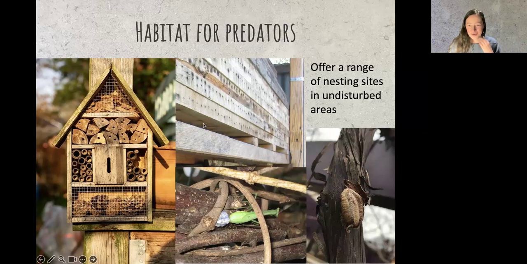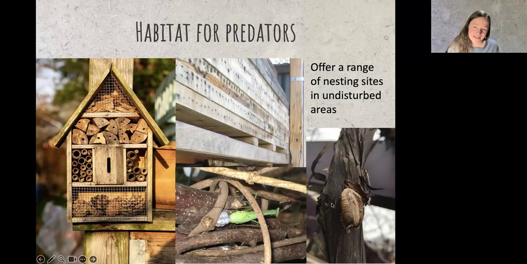I also just wanted to show you when you leave undisturbed nesting sites, you get lovely surprises. Like here's a praying mantis in the act of laying an egg sac, and that's what the egg sac looks like on the right hand side. I really want to show you these because often people worry about them and don't know what they are.